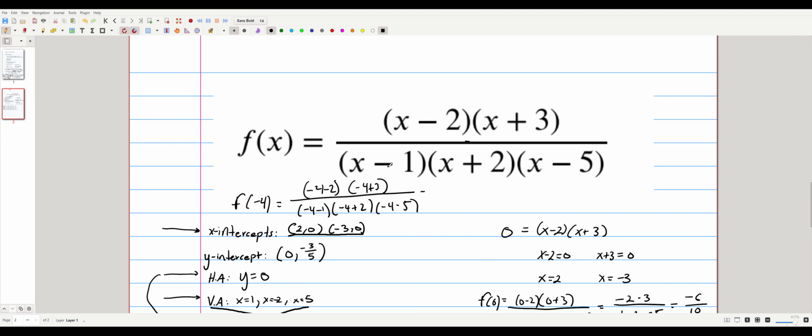And so the top number is going to be -6 times -1 divided by -5 times -2 times -9. Negative times negative is going to be +6. Negative times negative times negative is going to be a positive. 9 times 5 is 45, times 2 is 90. So we're going to get -90.